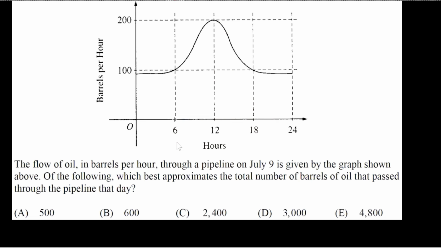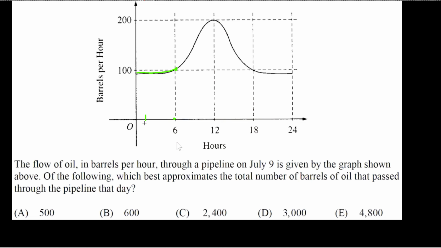So at 6 hours, you see that they're producing about 100 barrels per hour. So at the 6 hour mark, the rate at which they're producing these barrels is going to be 100. And it's close to 100 for this entire time period, so from time zero they're doing about 100 barrels per hour.